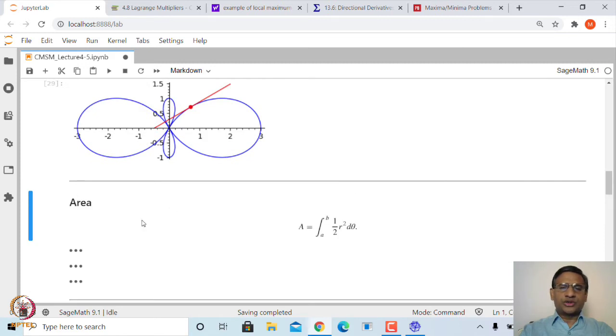Similarly, suppose you want to find area of a curve in polar coordinate. So, area of a curve defined in polar coordinate is given by integral of half r squared d theta, theta varying between a and b. And this formula is quite simple to obtain.